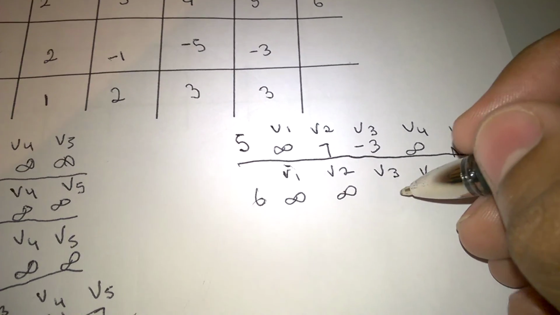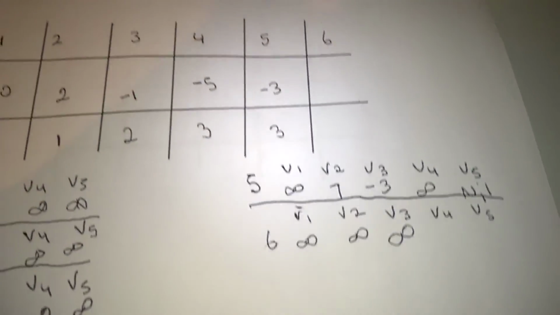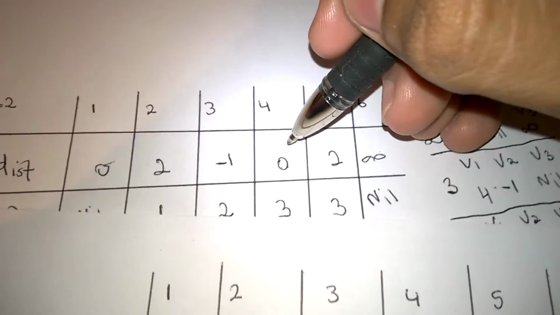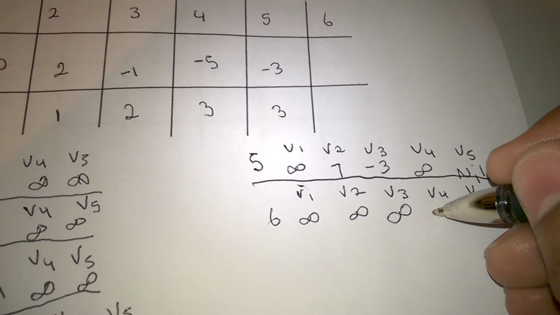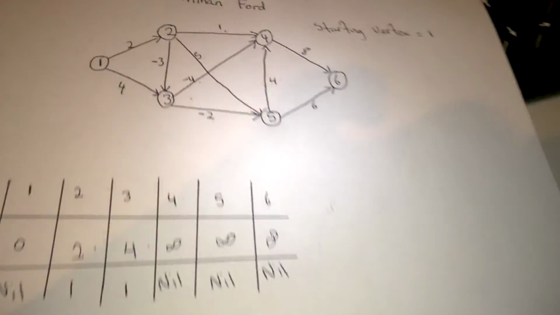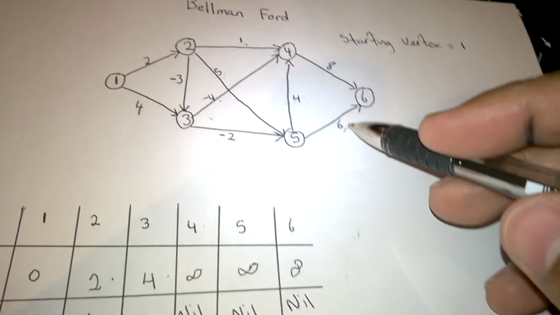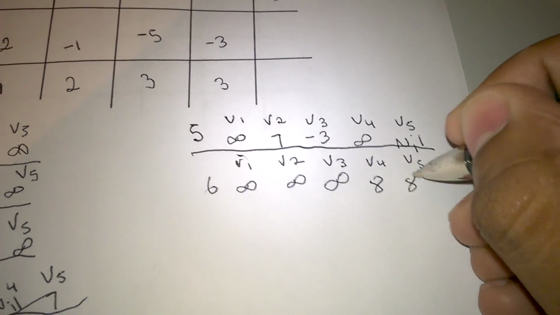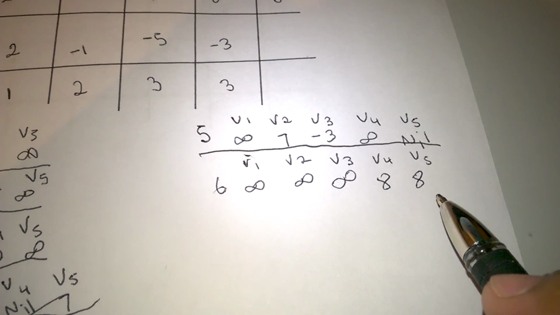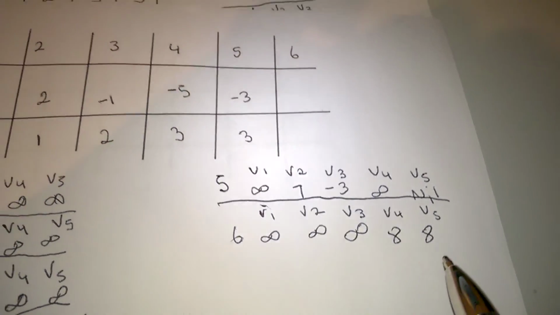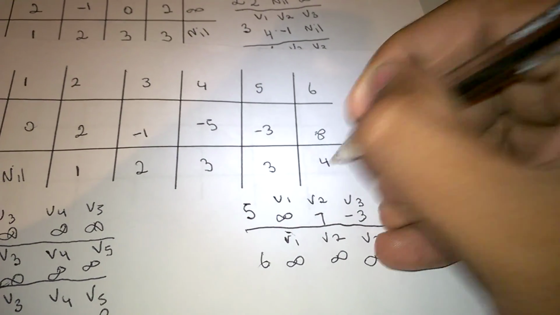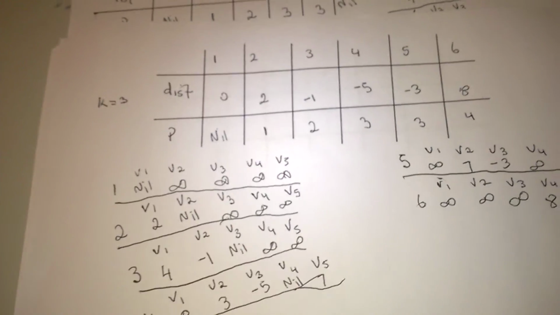We can't reach 6 from v3 either, and we could reach 6 from v4 at the cost of 8 plus 0, which is 8. And could we reach 6 from v5? Yes, we could. The cost is 6 plus 2, which is 8, right? So in this case, the smallest value is 8 and 8, so we could choose either one. I'm going to choose v4. So 8 and the parent is 4, right? So we just completed k is equal to 3.